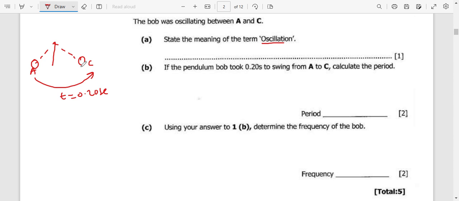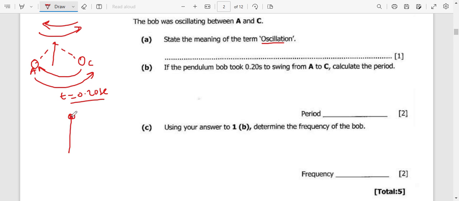So the time it will take to move from C back to A will be the same, 0.2 seconds. So what really is period? Period is the time taken for the bulb to go forward and then come back.